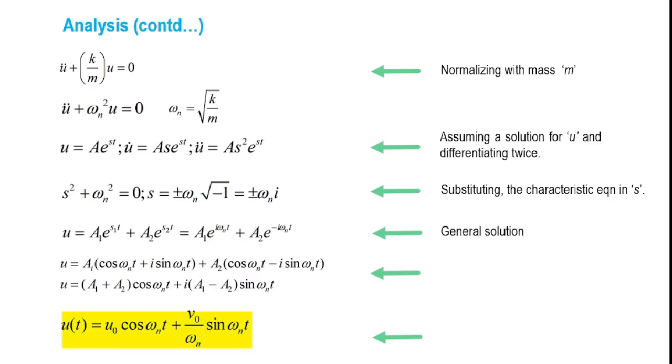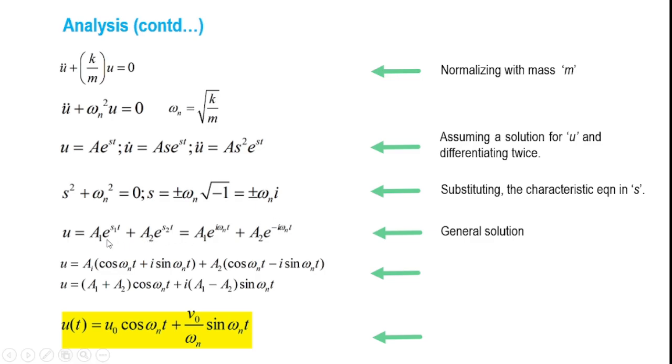This means that the general solution can be represented through u equal to A1 into e raised to s1 t plus A2 into e raised to s2 t. Because remember, our response, that's a vibration analysis problem, has two initial conditions relevant to the velocity as well as the displacement.